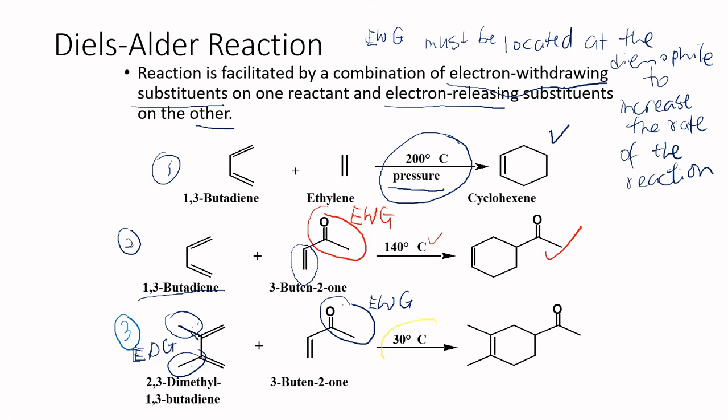Okay, now let's take a look at the condition of the reaction. You only need 30 degrees Celsius to carry out the reaction. So this shows how important the substituents of the diene and dienophile are and how they can affect the rate of the reaction.